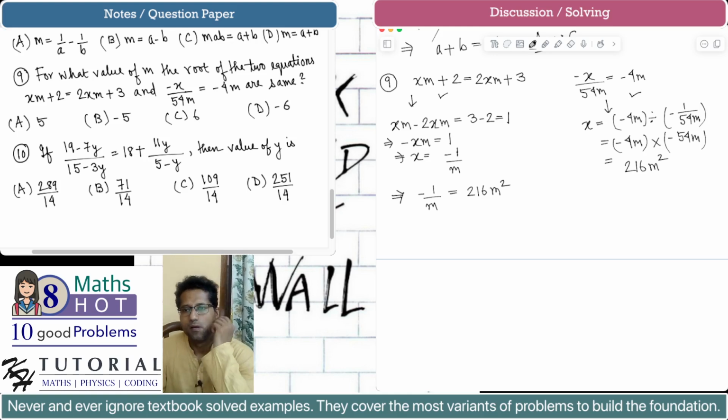Now from here we got an equation in m and we have to solve for m.